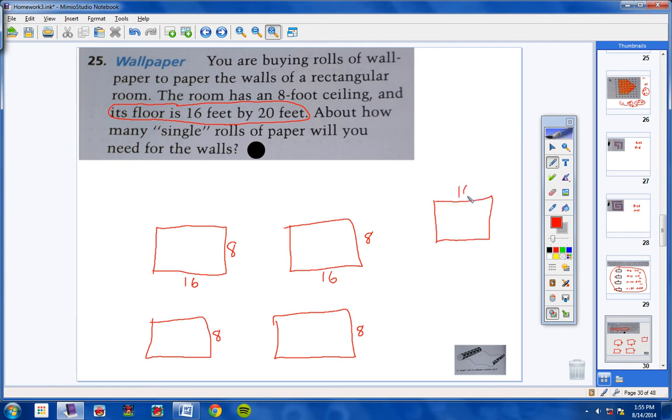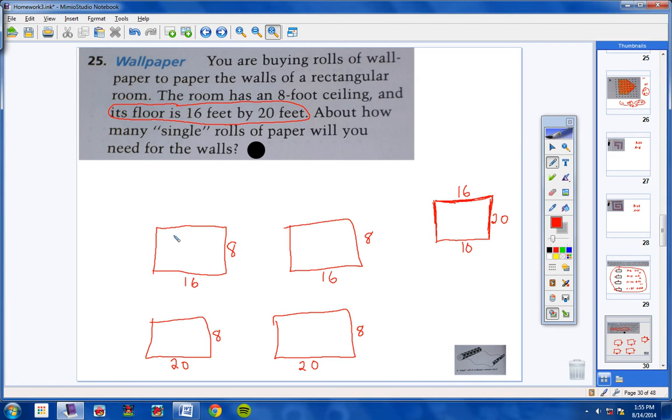The floor is 16 by 20. So the length of this wall going across is 16, and of course the height of it going up is going to be 8. Okay? And the length of this wall here is 20, and the measurement of this wall is also 20. So we'll have 20 going across and 20 going across. So there's your 4 walls, and you're going to put wallpaper on your walls.